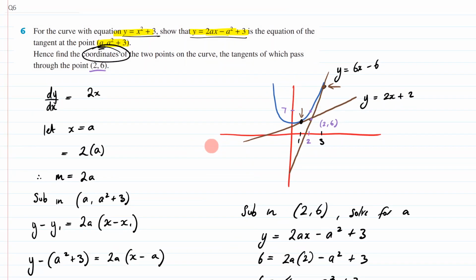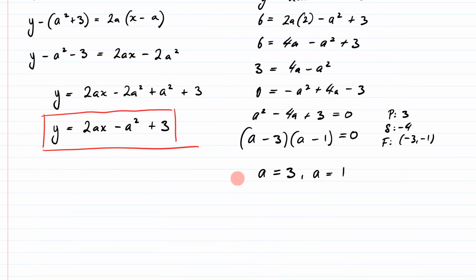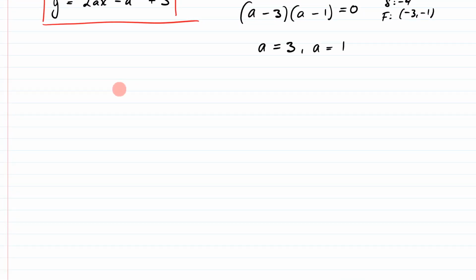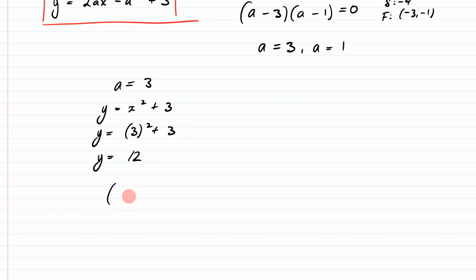Because I could have just used the original, x squared plus 3. When A is equal to 3, y is equal to 3 squared plus 3. Y is equal to 9 plus 3, which is 12. Therefore, the point is going to be 3, 12.